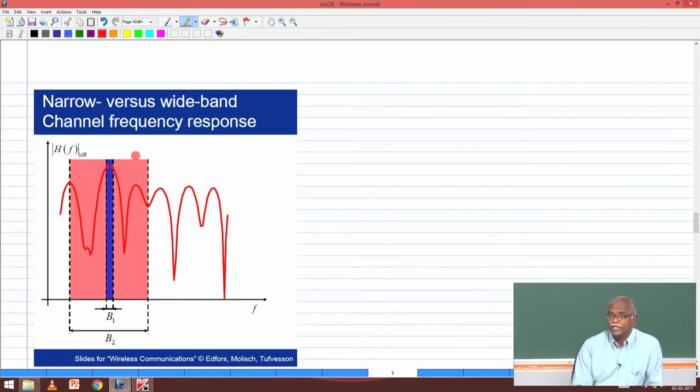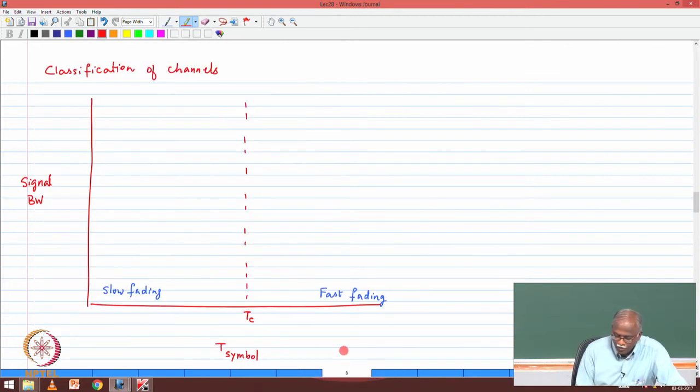Whereas the red signal would see channel variation, and therefore the channel is not constant. So between B1 and B2, B1 is the narrowband, B2 is the wideband, lies the coherence bandwidth, because coherence bandwidth is the region where the frequency response of the channel is correlated. So now if you go back, the characterization on this axis is going to be the coherence bandwidth.